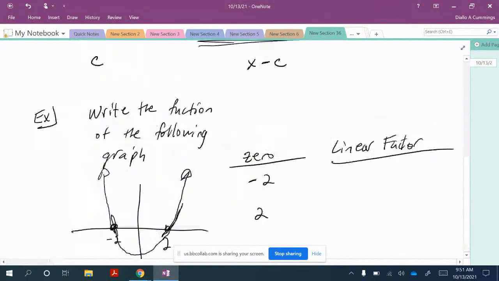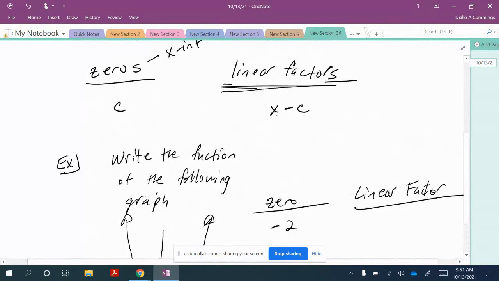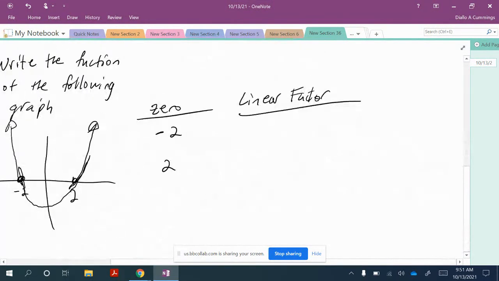So notice that the linear factors are in the form x minus your zero. So in order to convert -2, I'm going to put in x minus the zero, which is -2. That double negative makes a positive, so -2 as a zero equals x plus 2 as a linear factor.